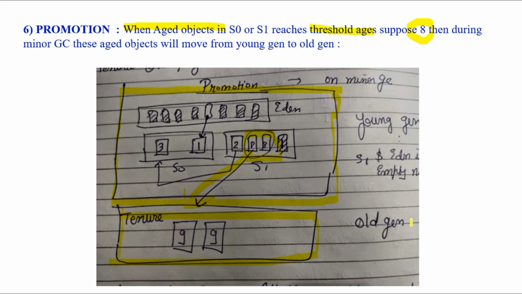Major garbage collection will be triggered, but only on old generation. So just as minor garbage collection always works on young generation, old generation will always trigger major garbage collection when the tenured or old generation is filled up completely. So I hope that much is clear.